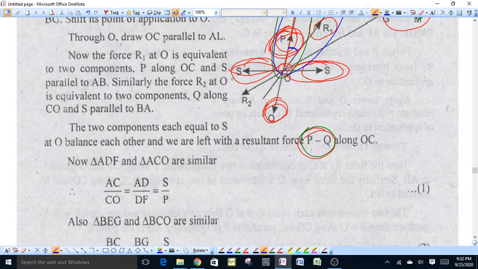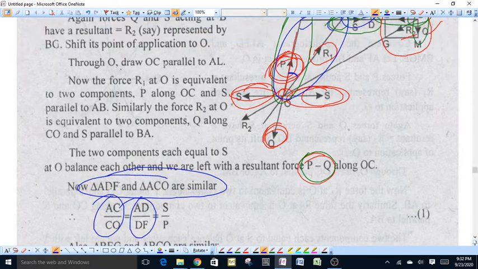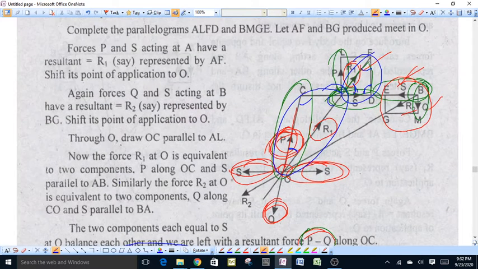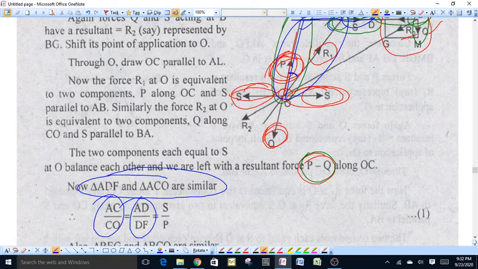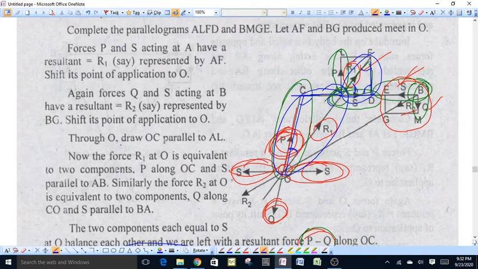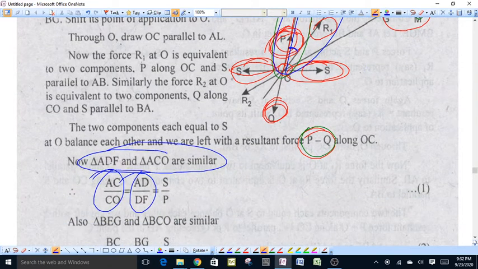These two triangles are similar, therefore the ratio of corresponding sides will be equal. AC upon CO is equal to AD upon DF. These are corresponding sides of the two similar triangles, and AD is equal to S and DF is equal to P. Therefore, AC upon CO will be equal to S upon P. Suppose this is equation 1.